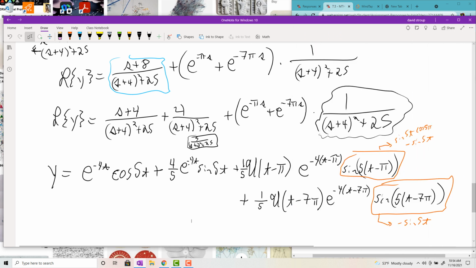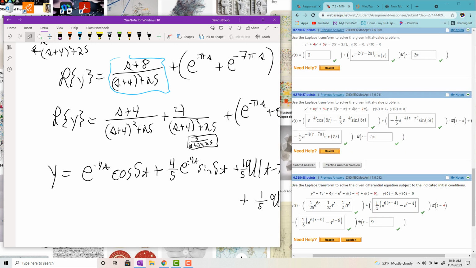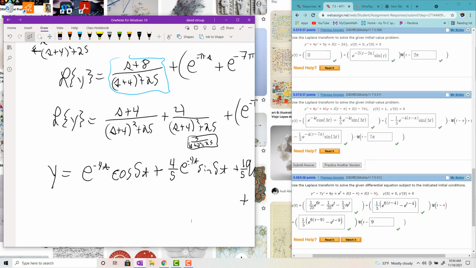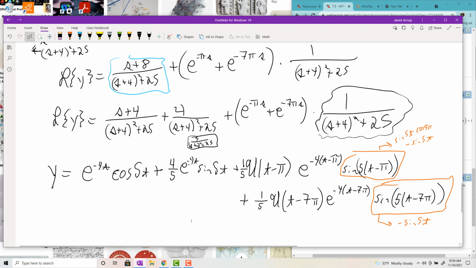Well, once you do the substitution, you'll get a negative out there in front of the 1/5, and then it's u of t minus pi sine of 5t e to the -4. Yeah, looks like I got it. Sine of 5t. So the only difference is I have actually done that replacement with the negative sine 5t.